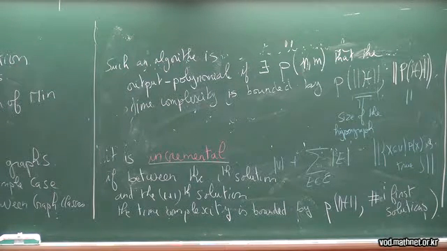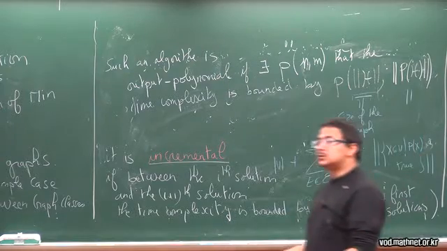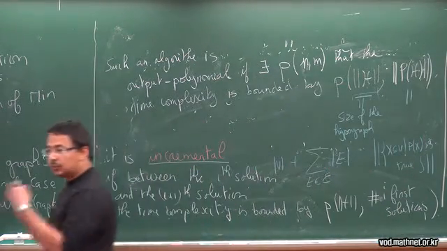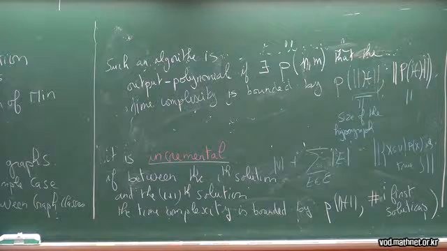So what does it mean? That means, for instance, to compute the first solution, the time complexity is bounded by the size of the hypergraph. To compute the second solution, the time complexity is bounded by the same polynomial on the size of the hypergraph and on the size of the first solution. And then to compute the third solution, it depends on the hypergraph and on the size of the first and the second solution, and so on and so on.